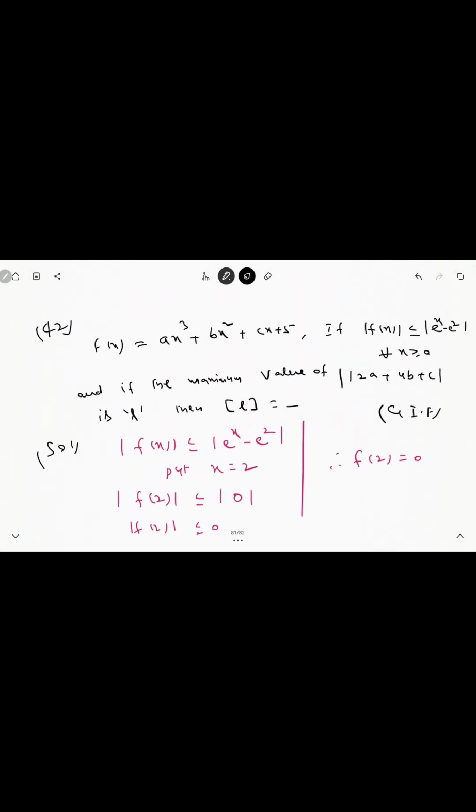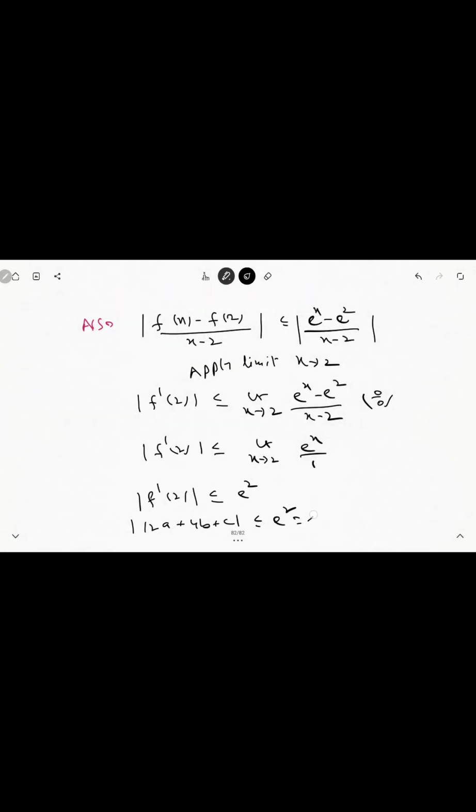Understood or not? What to do here? Differentiate this and put x equal to 2. This only is L, maximum value, less than or equal to means maximum value. So maximum value is e square. So L is e square. E square means 7 point something. E is 2.718. Therefore the integer part of L is nothing but 7, because it is 7 point something.